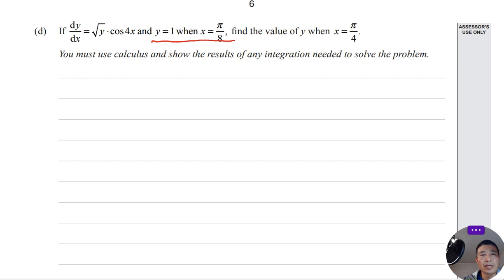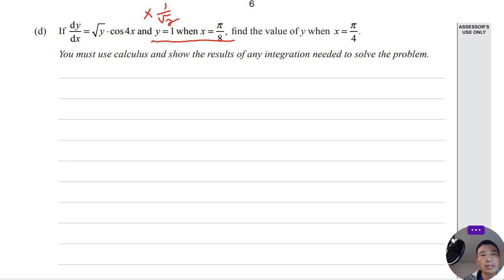So I'm going to show you. From this, you have to split them: all the terms with y on the left-hand side, and terms with x on the right-hand side. So to shift the square root of y to the left-hand side with dy, you must times by 1 over square root of y on both sides.